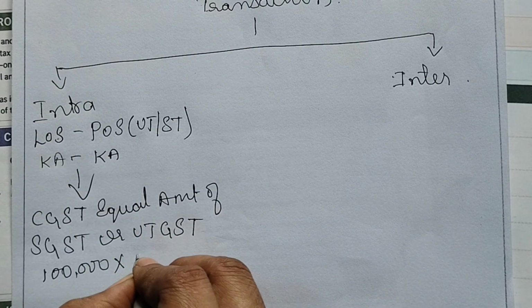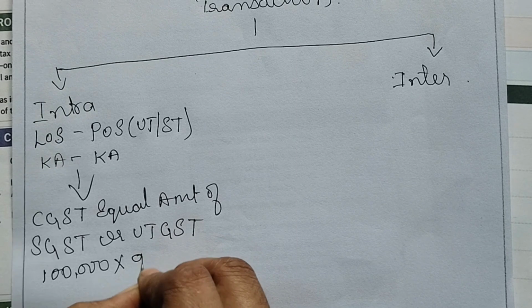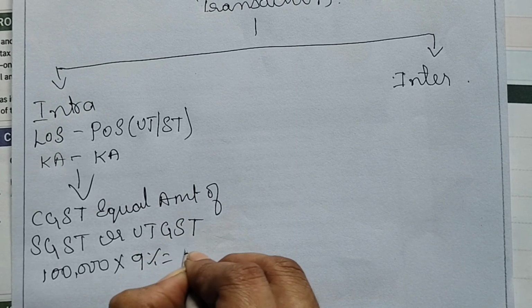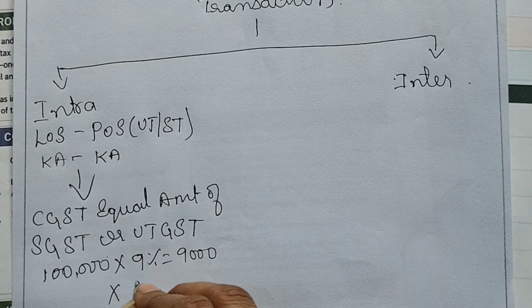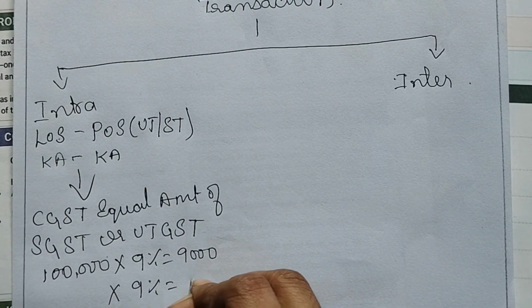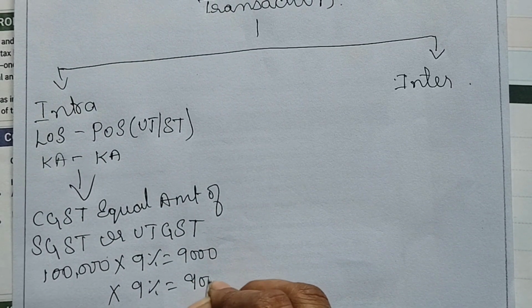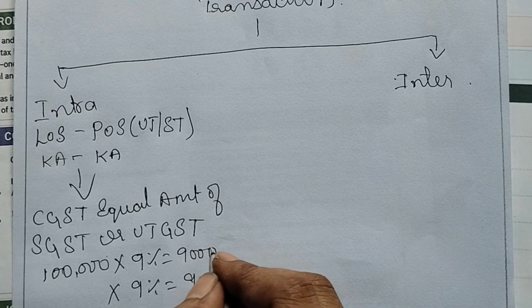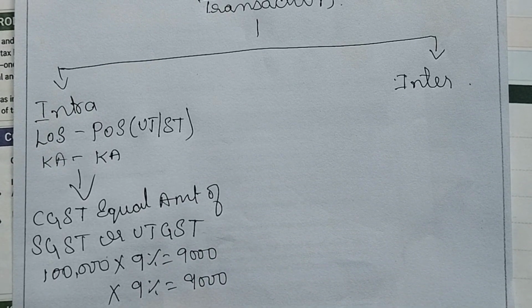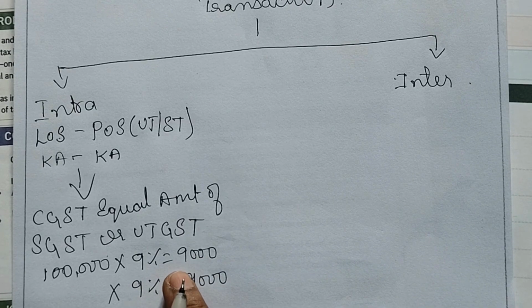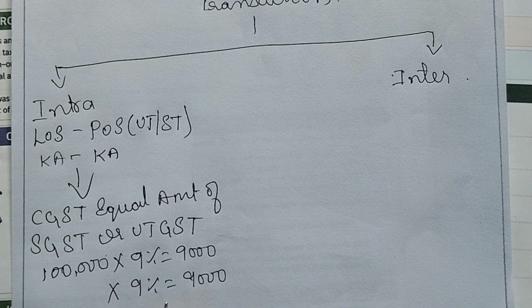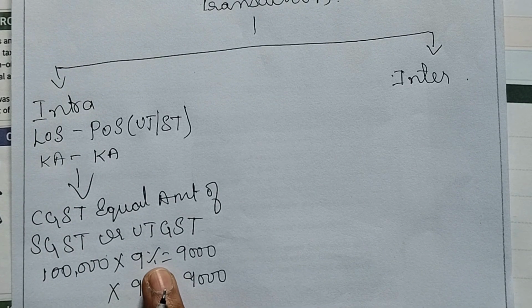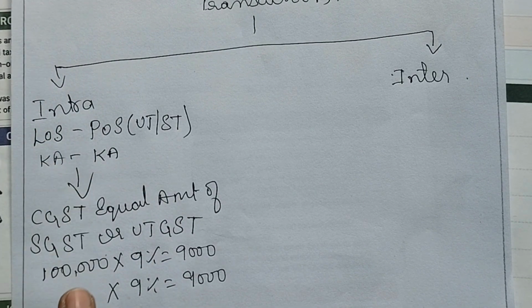So the 18% is divided equally: 9% of 1 lakh, which is 9,000, goes to the central government and the remaining 9% goes to SGST or UTGST. Here the GST component will be taken by the respective state government. This is about the intrastate transaction.